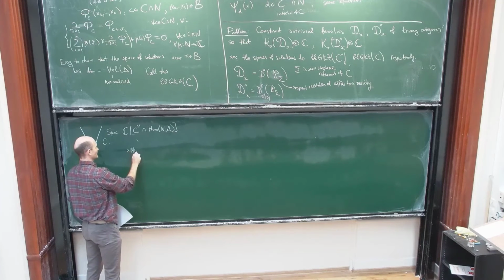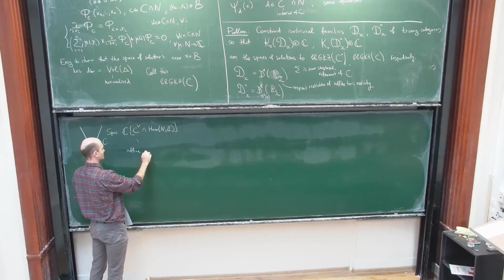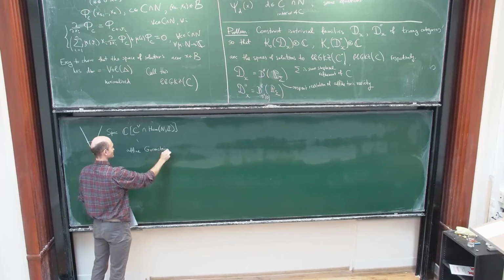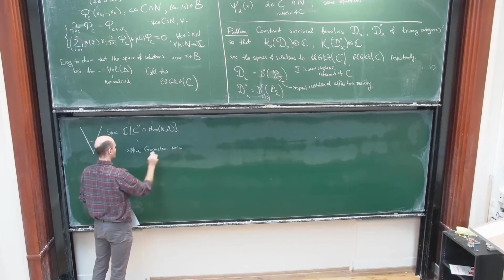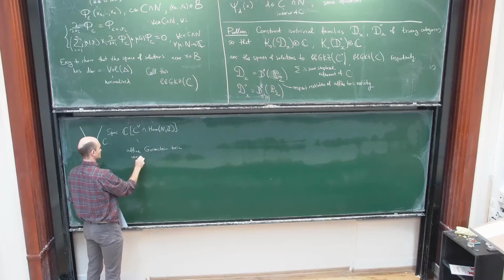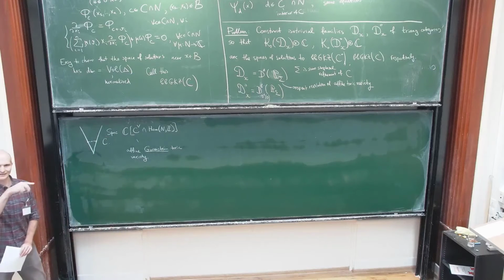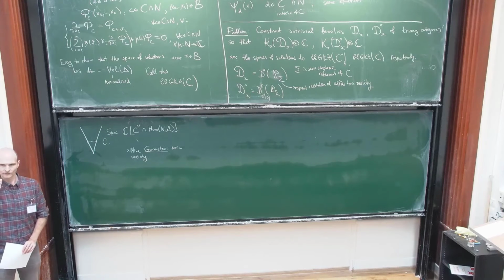This is exactly what you would have if you ask for an affine Gorenstein toric variety, up to some factor of the torus. The Gorenstein condition really corresponds to this grading condition.